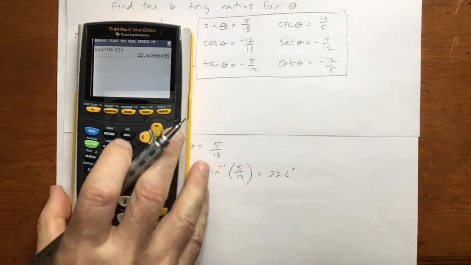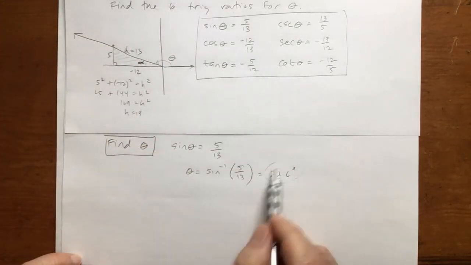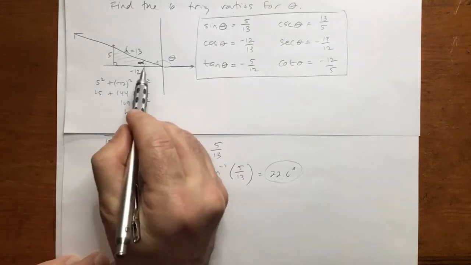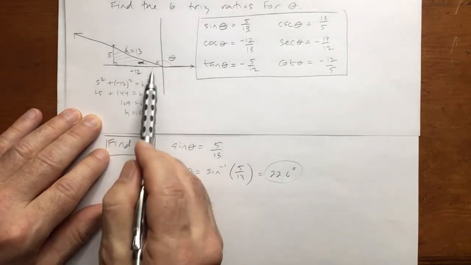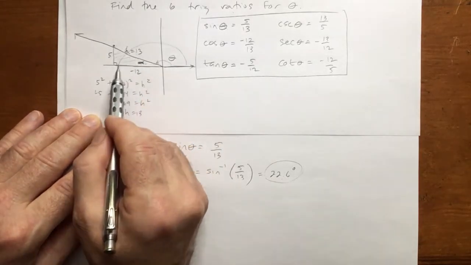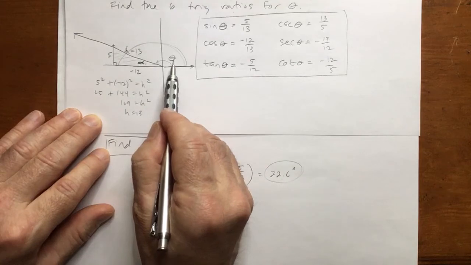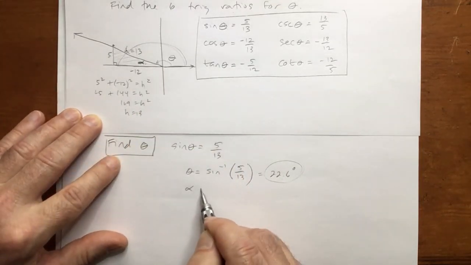And that's clearly not how big theta is. And so we have to think, what is that measure? Okay, that measure must be alpha. Okay, and alpha is what we would get if we went that whole way but subtracted theta. In other words, theta plus alpha add up to 180. Here, I'll even write that. You don't need to write this every time.